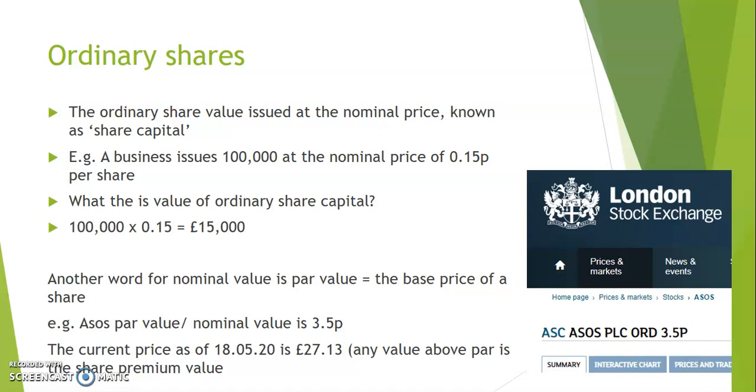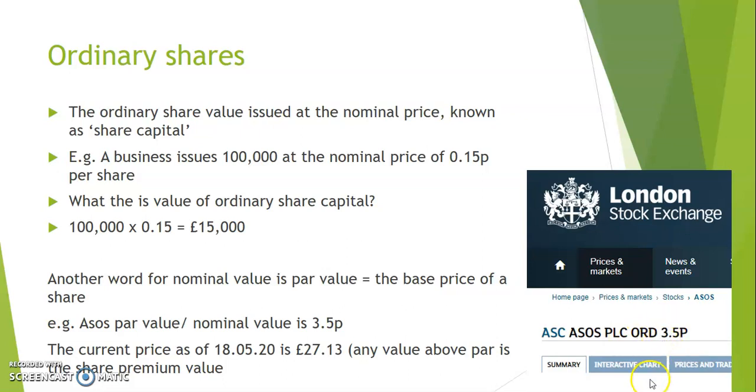If you take, for example, ASOS, today's date, which is the 18th of May 2020, the current price for an ASOS share is £27.13. But the base price of the share is 3.5 pence. So when ASOS decided to become a listed company, they would have valued their shares at 3.5 pence each.